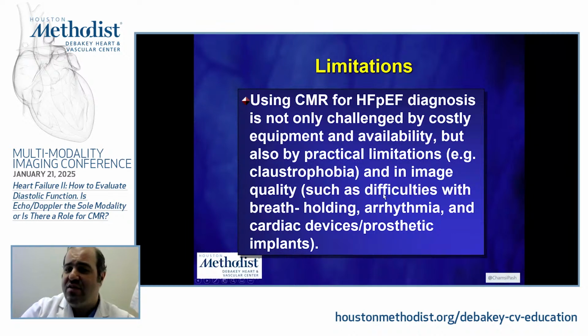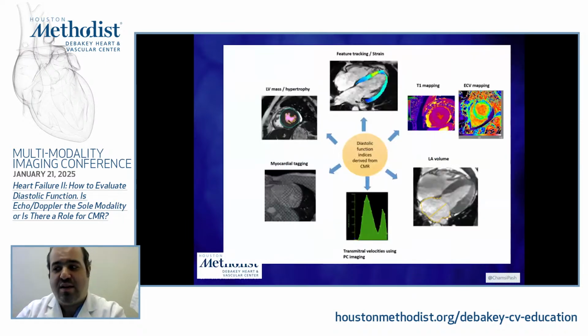Also, we have difficulties with image quality, particularly ECV and T1 time, in patients who cannot hold their breath, patients who have arrhythmias, and patients who have underlying devices or prosthetic implants. All of this can be a barrier to providing highly diagnostic image quality.